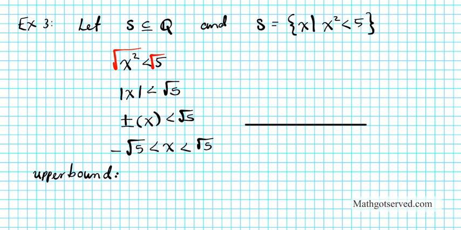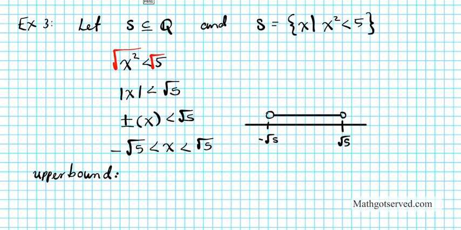So we have negative root 5 and root 5, closed circle here, closed circle there, and a line going, oh wait, I'm sorry, they're both open circles, because we do not have a line of inclusion under this inequality. So open circle, connected.